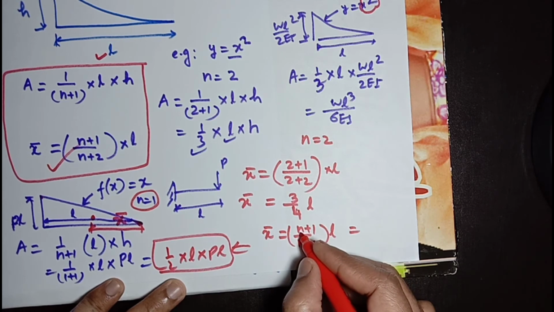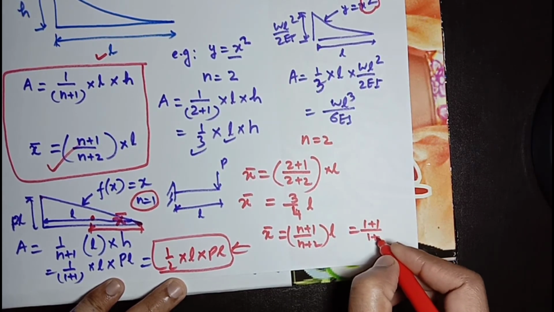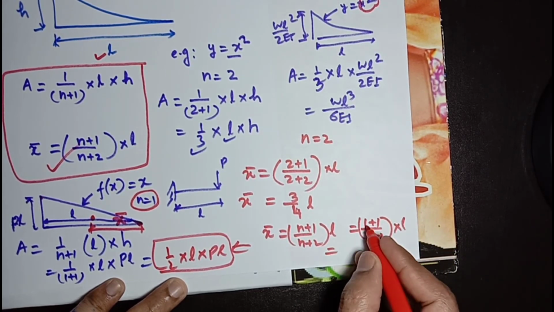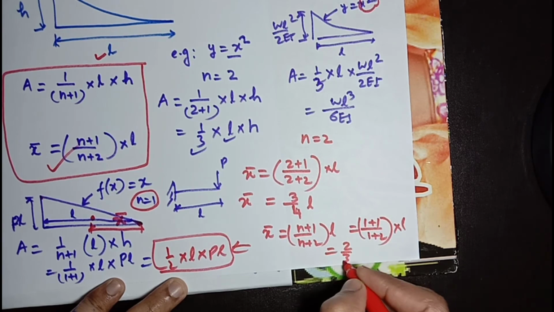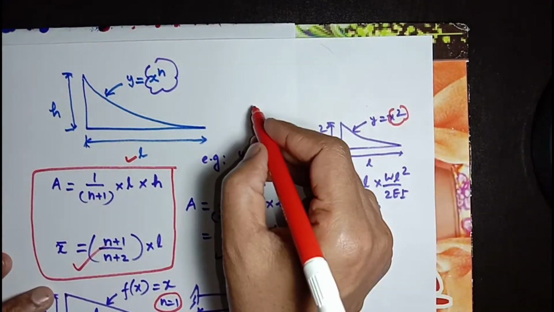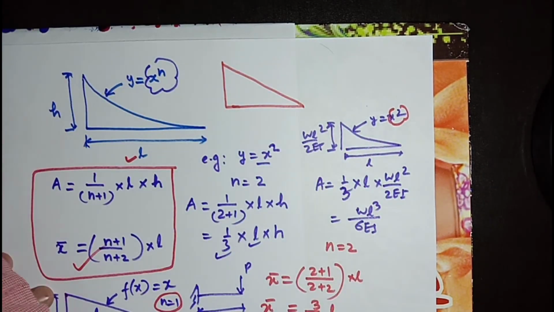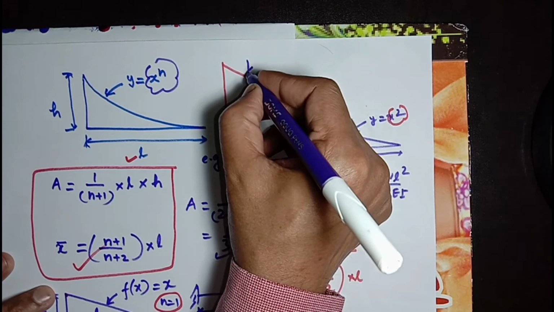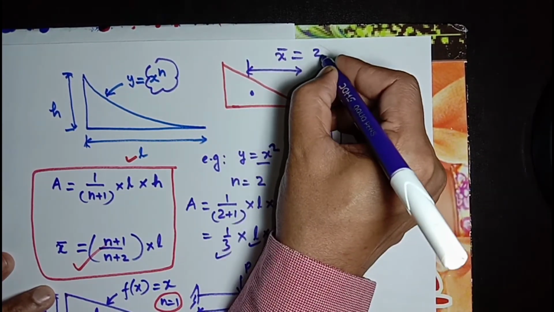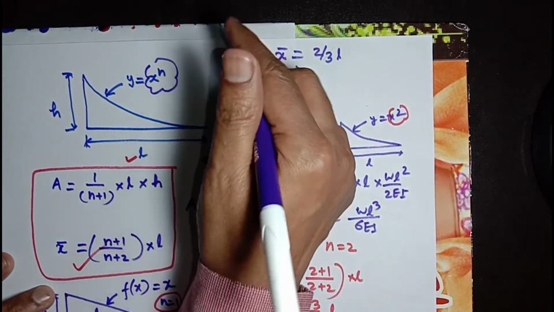So in place of n, you can use 1 plus 1 divided by 1 plus 2, and this is length L. So 2 divided by 3, 2/3 of L. So for any triangular shape, centroid is x bar equal to 2/3 of length from this point, but from this point it will be 1/3.